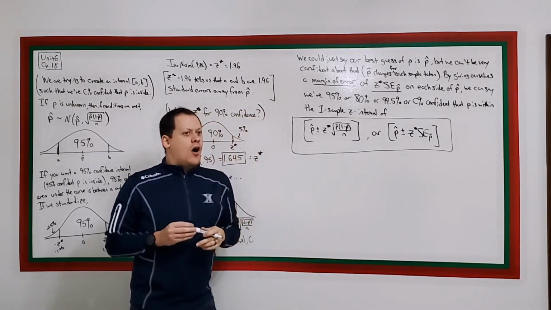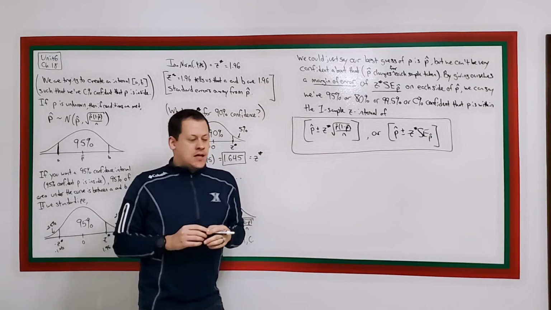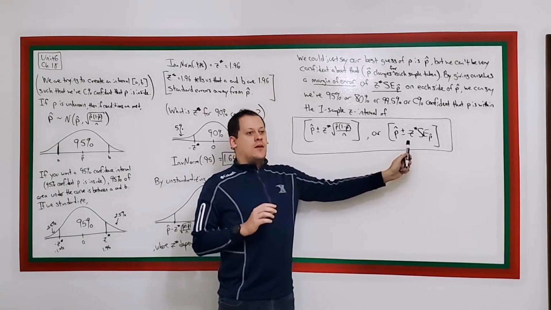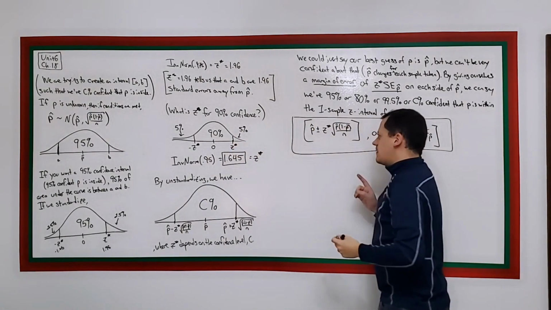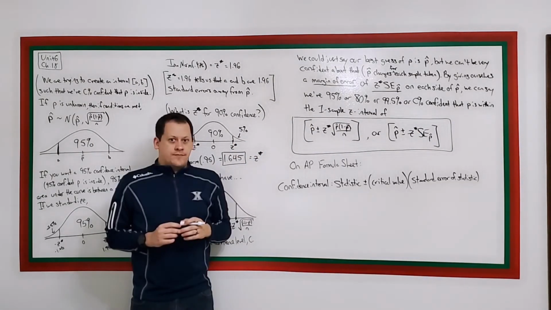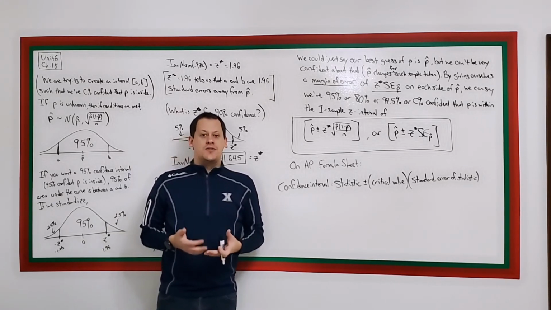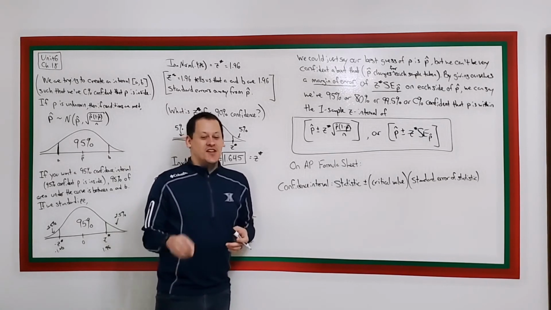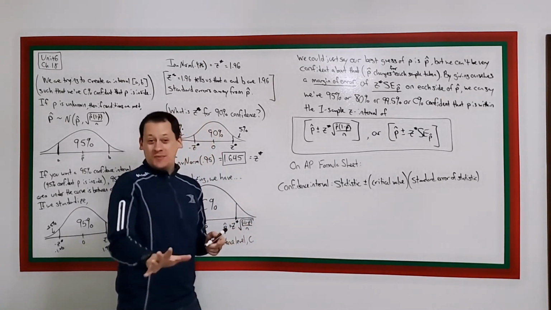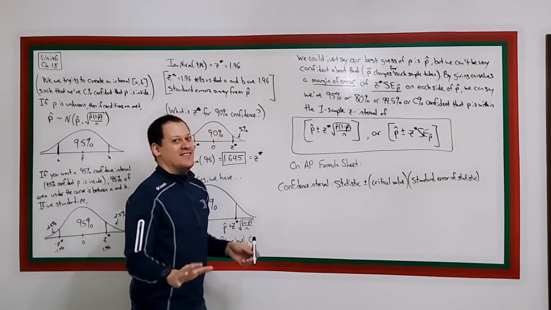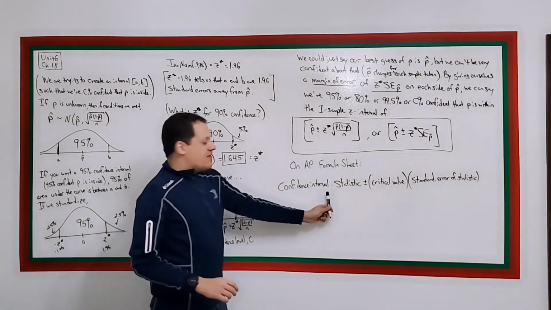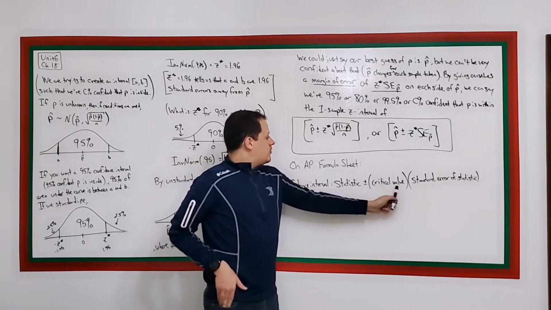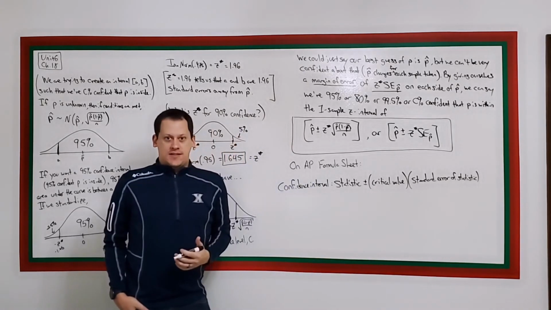On the AP formula sheet, it does not show these. What it does say is something similar. So on the formula sheet that you'll have access to during the AP test, and any test that you take in this class, as long as I remember to give it to you, which if I don't, please remind me. I want to make sure you have access to the formula sheet. It says confidence interval is statistic plus or minus critical value times standard error of statistic.